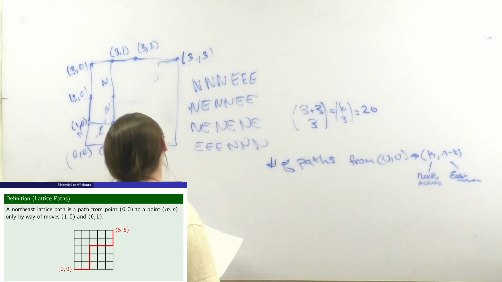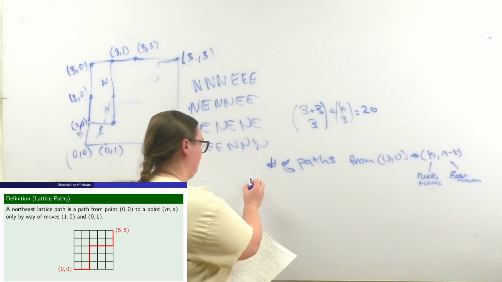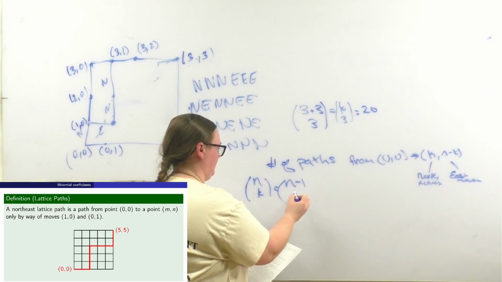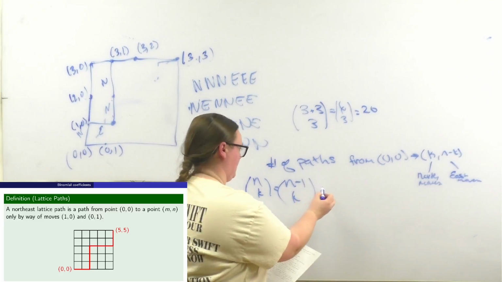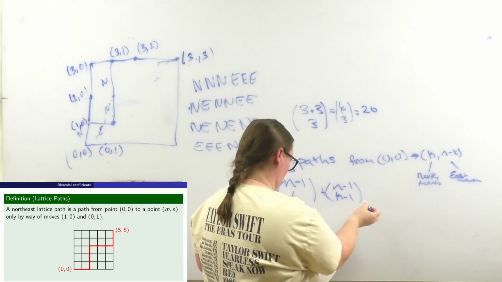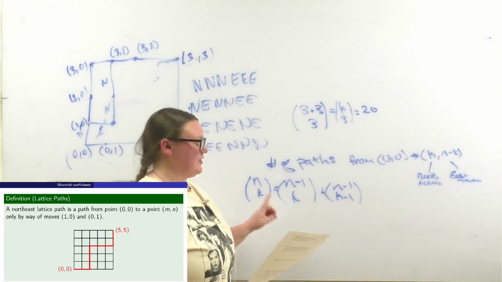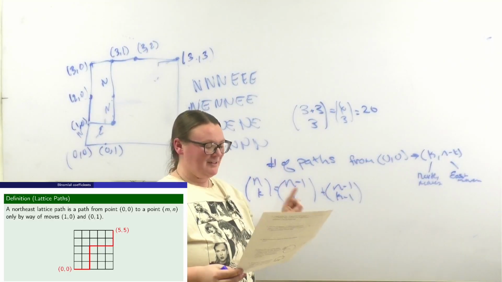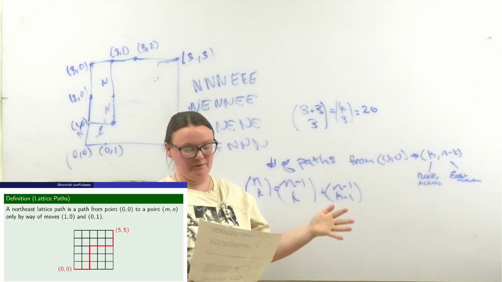Okay, so in relation to Pascal's triangle, which we talked about, n choose k is equal to n minus 1 choose k, plus n minus 1 choose k minus 1. If I choose to move east first by 1, then I have n minus 1 spots for other moves.